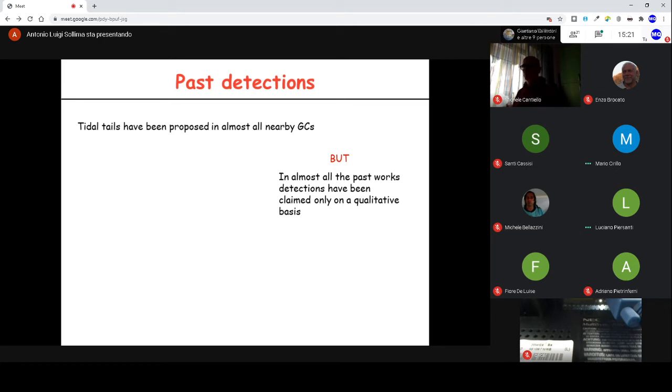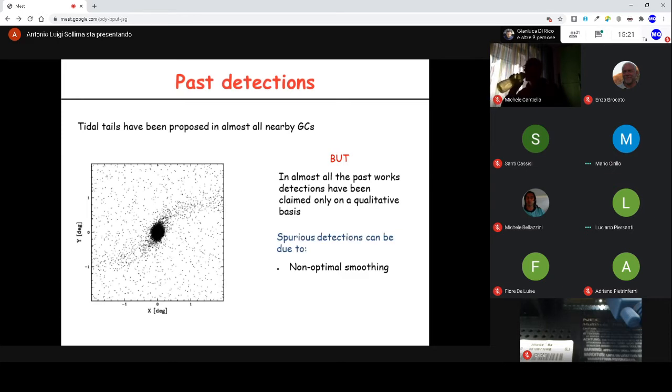job. For instance, one of them is the smoothing. This is, again, the same simulation as before, now I assumed a smaller contamination. Here you can see the tidal tails clearly. And if you make an optimal smoothing, you need a smoothing because you have a discrete distribution of stars, and you want a density map, a continuous map.